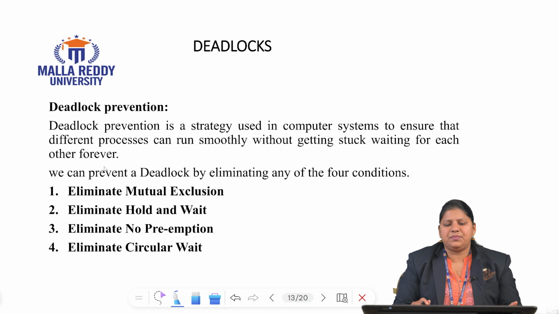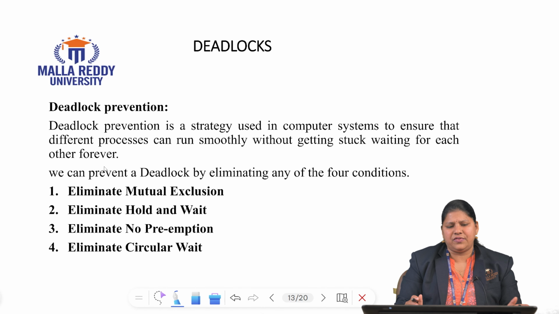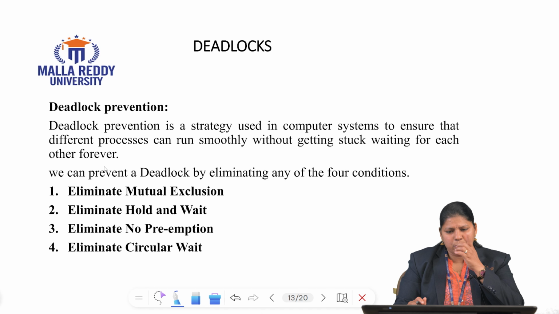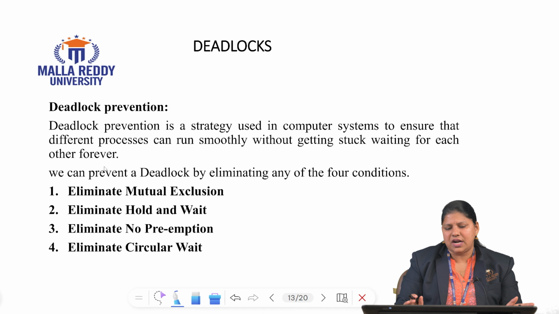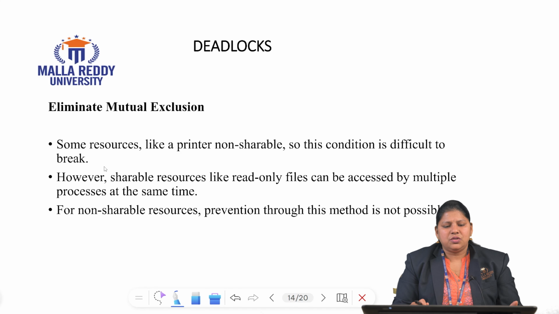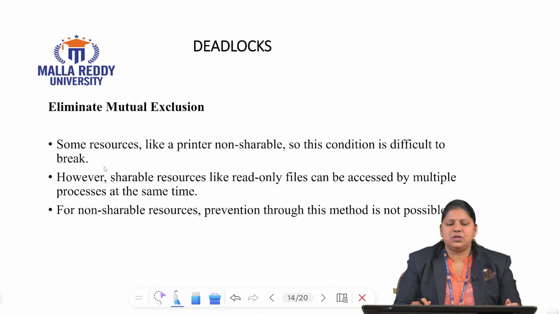Deadlock prevention is a strategy used in computer systems to ensure that different processes can run smoothly without getting stuck waiting for each other forever. We can prevent deadlock by eliminating any of the 4 conditions: eliminating mutual exclusion, eliminating hold and wait, eliminating no preemption, eliminating circular wait. First is eliminating mutual exclusion.